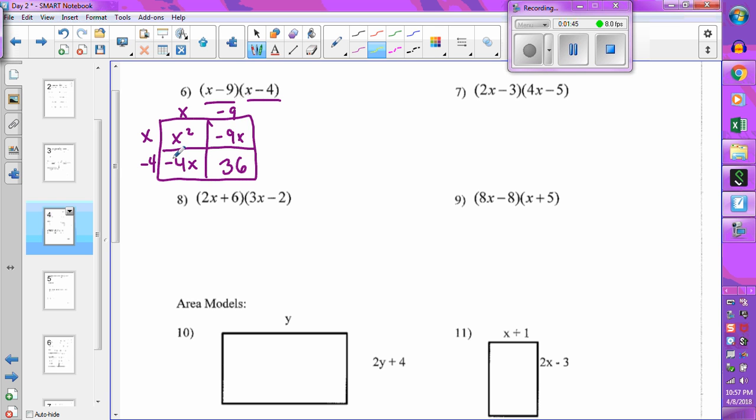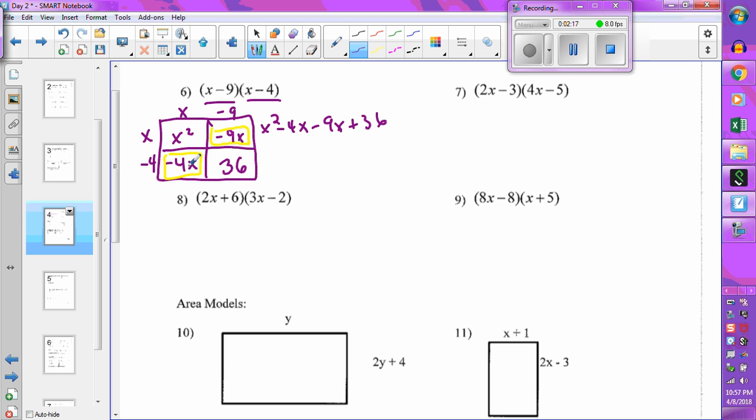As you see, we have a negative 4x and a negative 9x that we can combine together, okay? So when we combine our like terms, first we're going to write this in standard form. Remember, we always write in standard form using our highest degree first, so that would be x squared. We have a negative 4x, a negative 9x, and a positive 36.